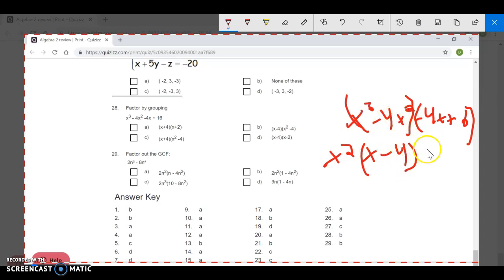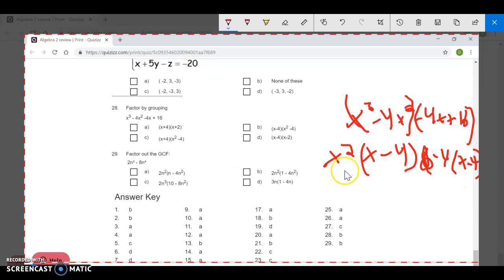Then I go here and I have to take out that negative 4 because this has 16. Sorry, I wrote it wrong. Negative 4x plus 16, so both have a negative 4. And then what's left is x. Negative 4 times negative 4 gives me 16.